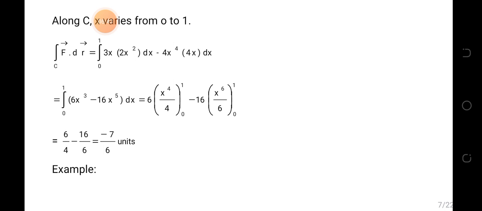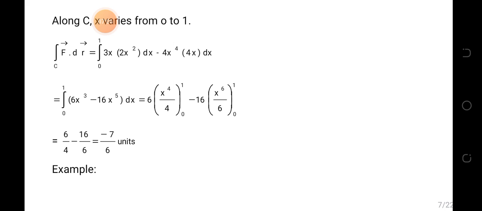Now along the curve C, x varies from 0 to 1. Where they were given the points 0 comma 0 and 1 comma 2, we take only the x value. In the first case, from 0 comma 0, you take 0, and in the second case, from 1 comma 2, the x value is 1, so you take 1. That's why it is written here from 0 to 1.